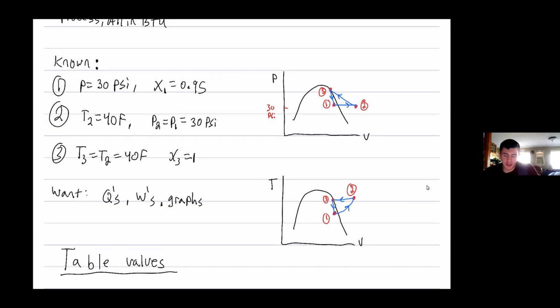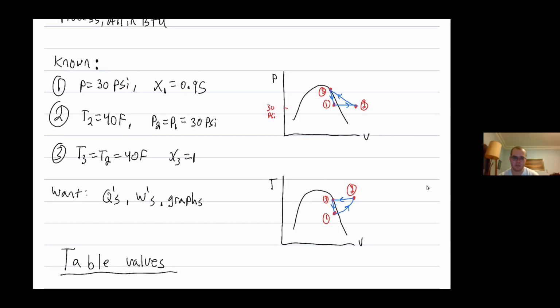Zach, explain to me where these diagrams came from. Well, you know the curves for both of them, and you just have to move stuff along, whether temperature's constant or pressure. Tell me how. So state one is placed at some point, right? How do we know? 0.95 on the saturated.